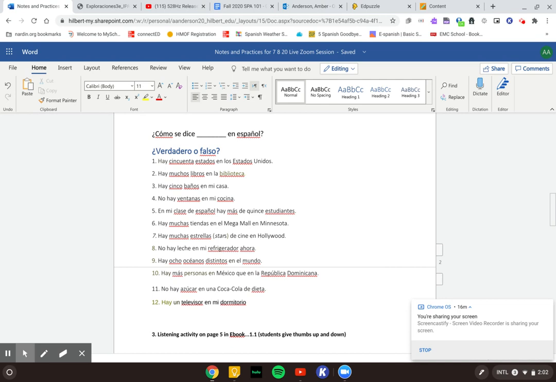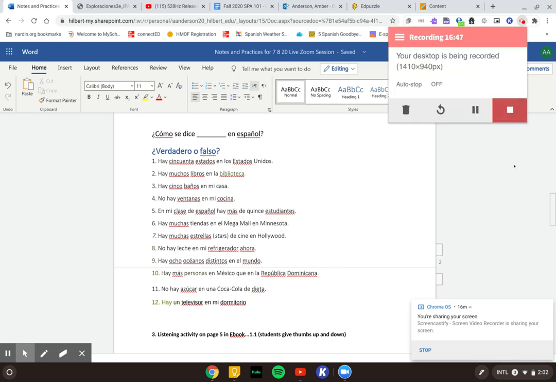Okay, número 1. Hay una ventana en la clase de español. You should have your thumbs up, right? Una ventana, a window. Hay un burro en la clase de español.